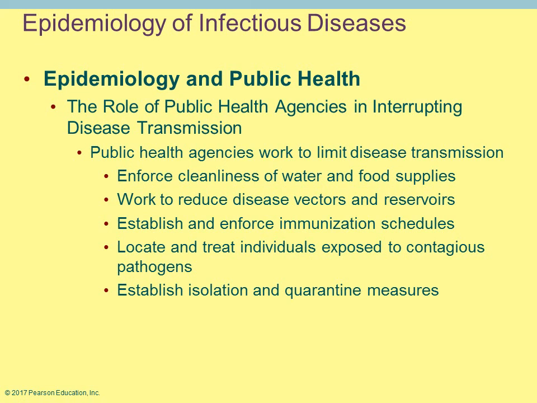How do you try to prevent disease? Obviously, you try to enforce a clean water supply and clean food supply, reduce the number of vectors, reduce the number of reservoirs, and enforce immunization schedules. That's going to come up in another chapter. The idea is kind of a 90% rule, or what we call herd immunity.